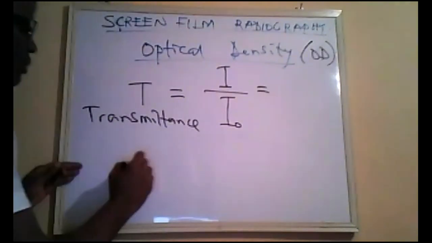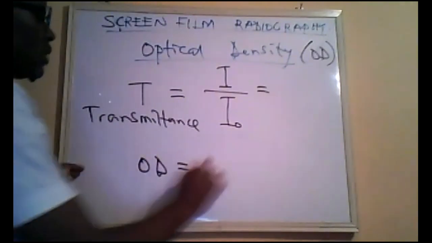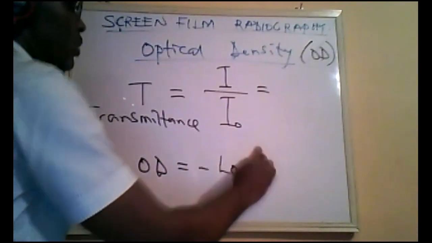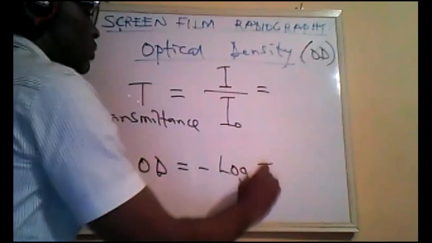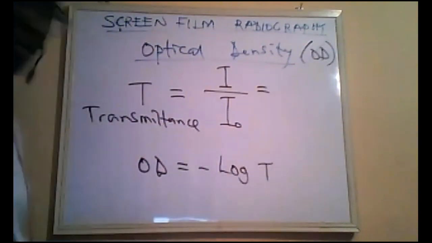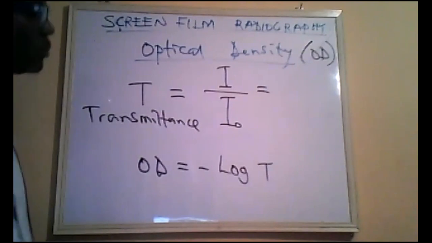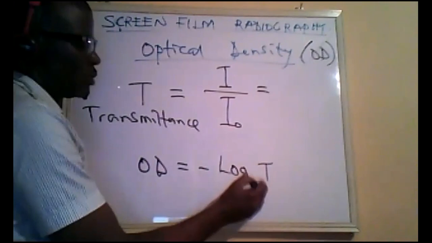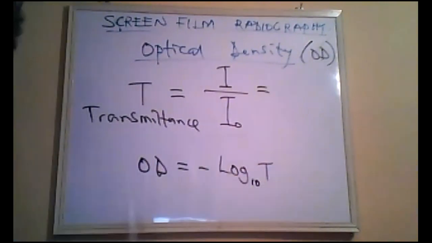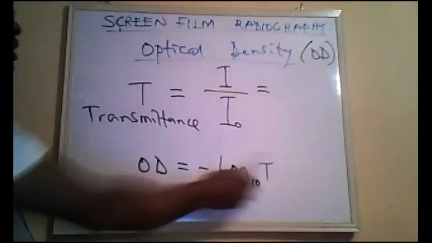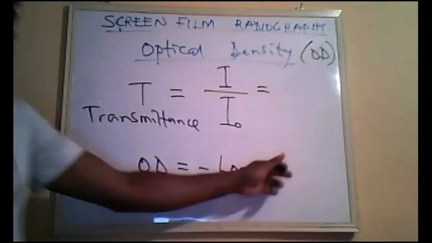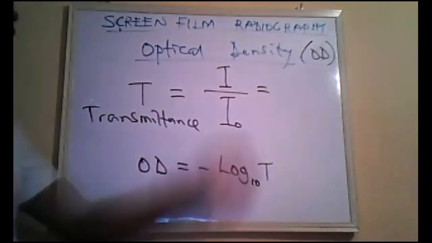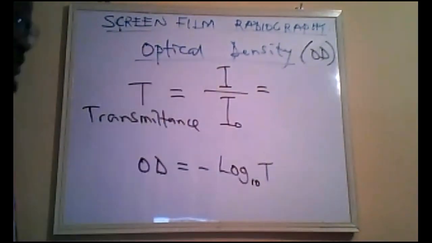OD is the common logarithm of T, common logarithm, not natural logarithm this time around. So optical density is the negative of the log of this transmittance.